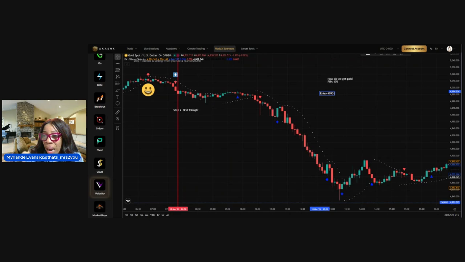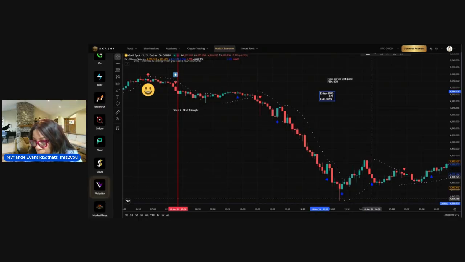So 4995, I'm going to subtract 170 from that number, and that's going to tell me where my exit was. Let me get my calculator to make sure I give you the correct number. 4995 minus 170. Okay, so we exited when price reached 4825.